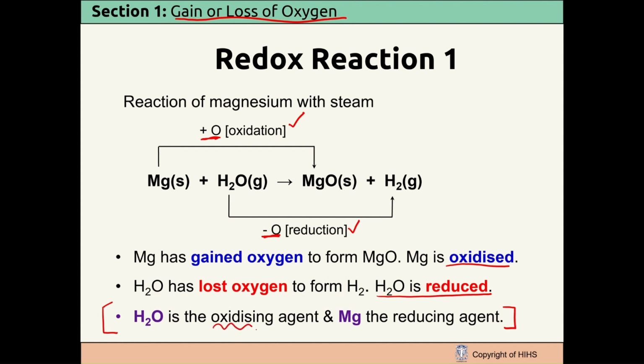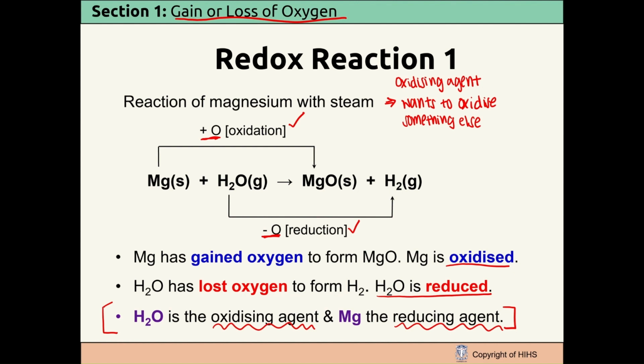So what exactly is an oxidizing agent or reducing agent? If something is an oxidizing agent, it wants to oxidize something else. So if it oxidizes something else, and it's in a redox reaction, it will be the opposite.